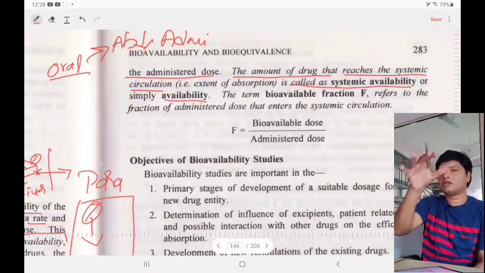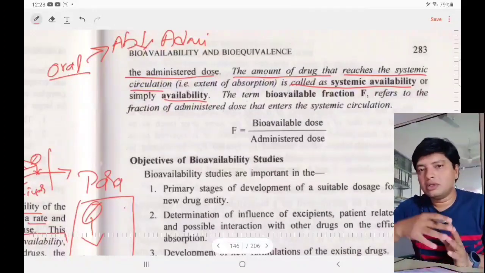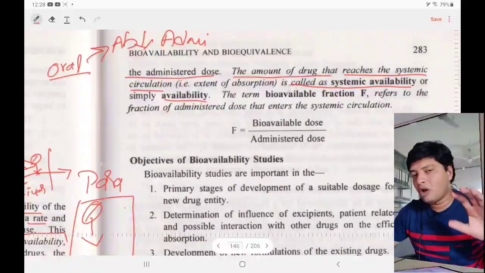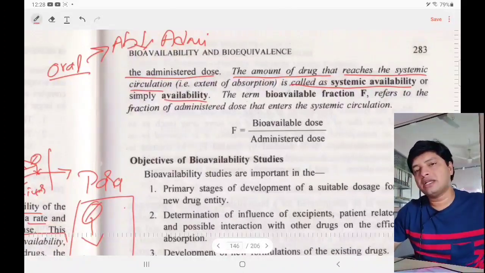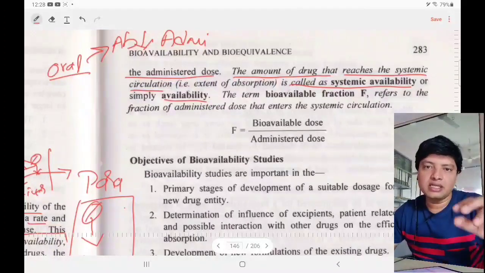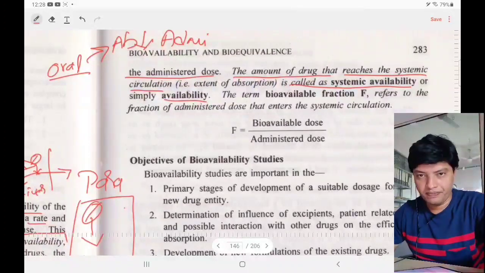Previously we saw that if you give the drug through the IV route, the absorption is 100%. Because there is convenience in the oral route and stability issues in the IV route, the preferred route is the oral route.